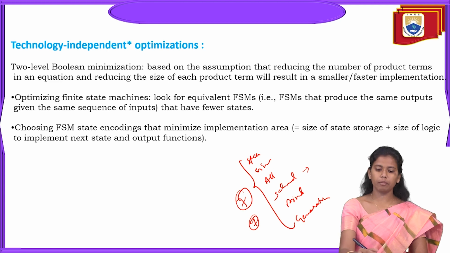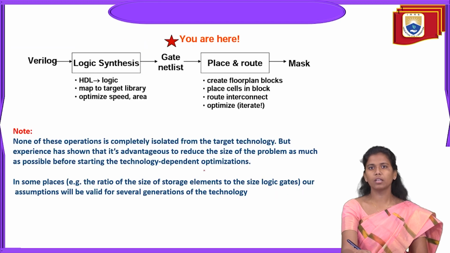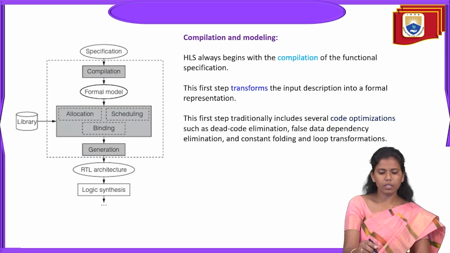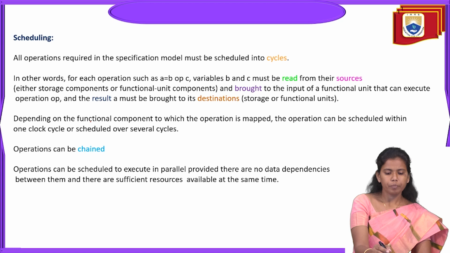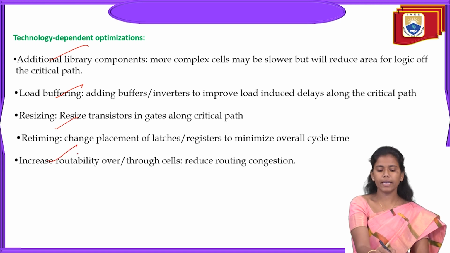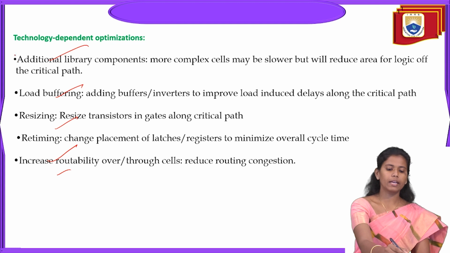Technology dependent optimization deals with the additional library, load buffering, resizing, retiming, and as well as increased routability.